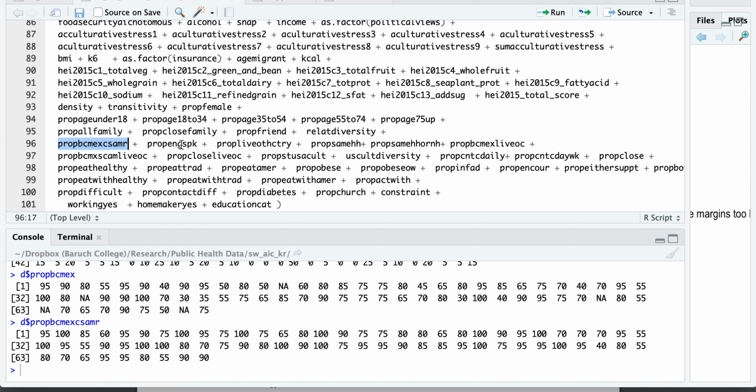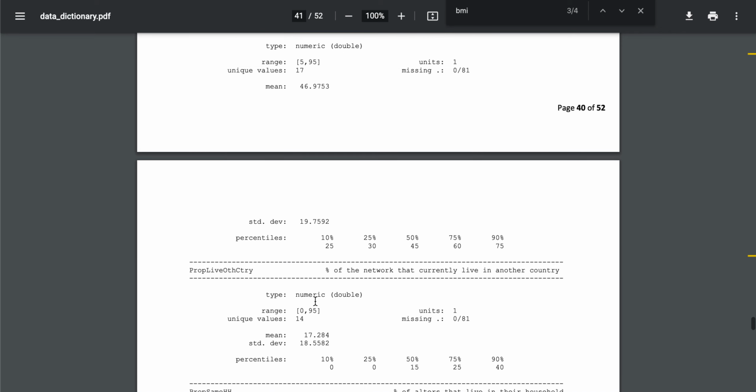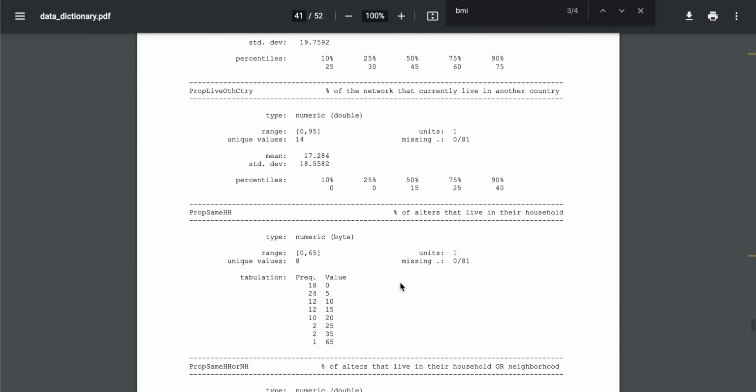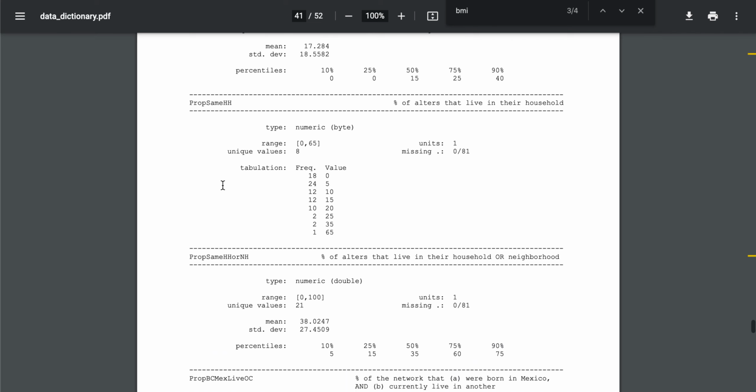Then prop English speaking, prop live out of the country, in another country, same household or neighborhood.